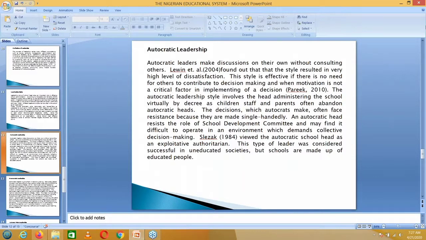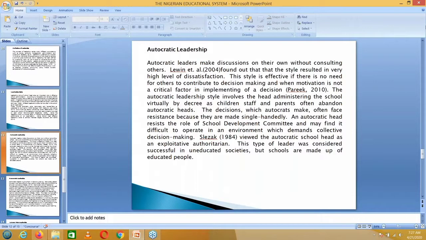You understand? So the autocratic leadership style involves the head administrating the school virtually by decree, and children, staff, and parents often abandon autocratic heads. This type of style is not always effective, in the sense that the staff and the parents can easily abandon the school.